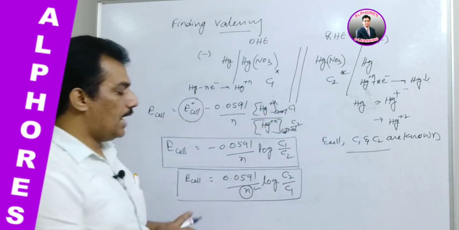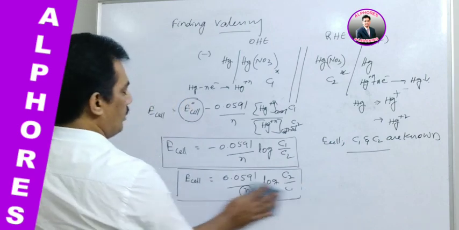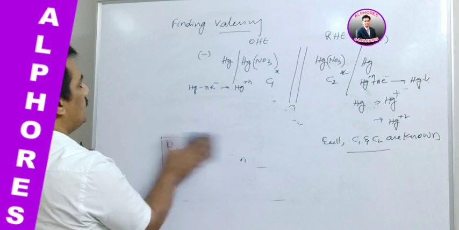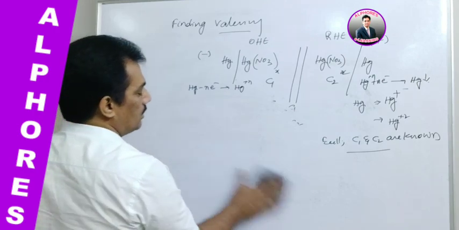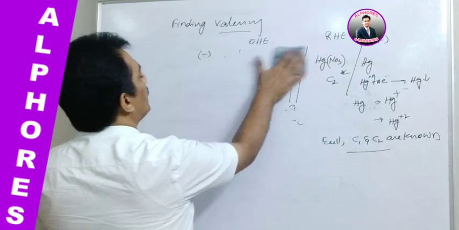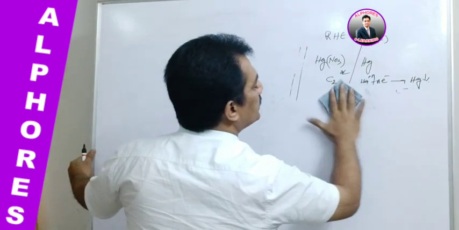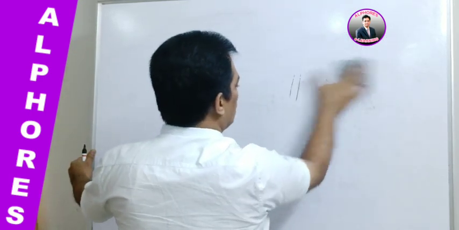That is the application of EMF, that is concentration cells, in finding the solubility of sparingly soluble salts, and also in finding the valency of any chemical species present in the electrolyte solution.